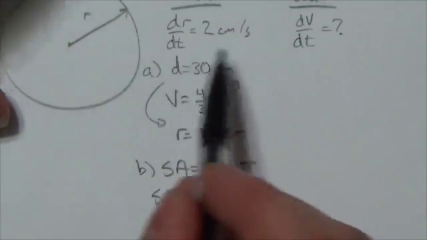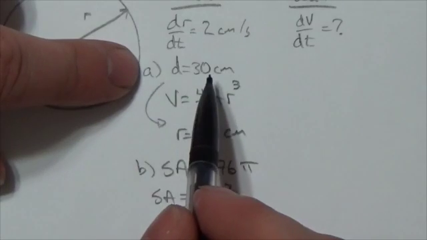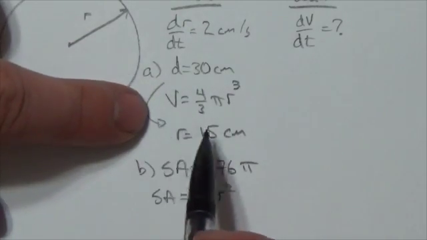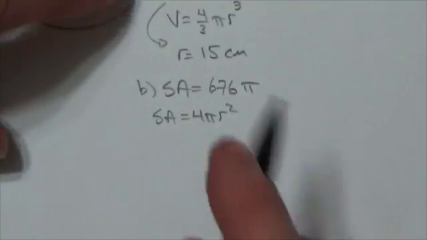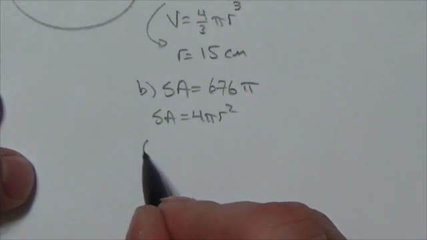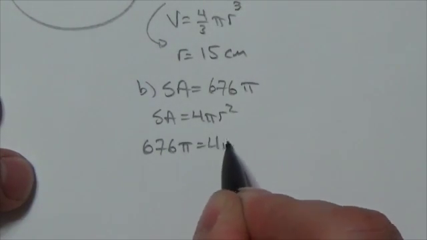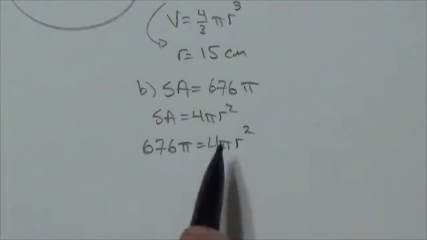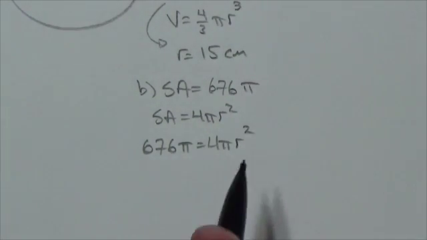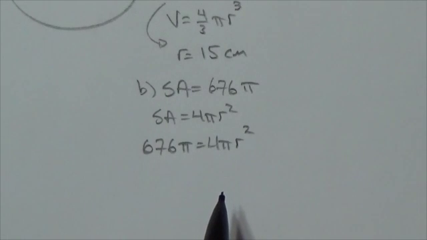In question A, I gave you the diameter because I really wanted you to find the radius. Here, I'm giving you the surface area because I really want you to find the radius. The pi's will cancel on both sides, then we'll take 676 and divide by 4.